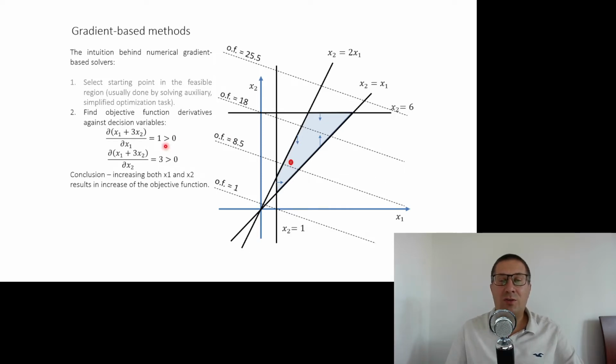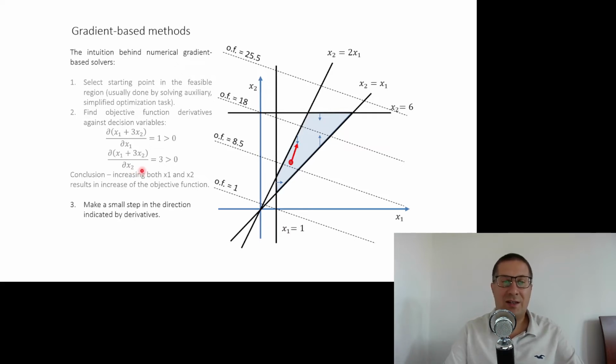Then we need to calculate derivatives against decision variables for x1 and for x2. We see that the derivative for x1 is 1 and for x2 is 3.